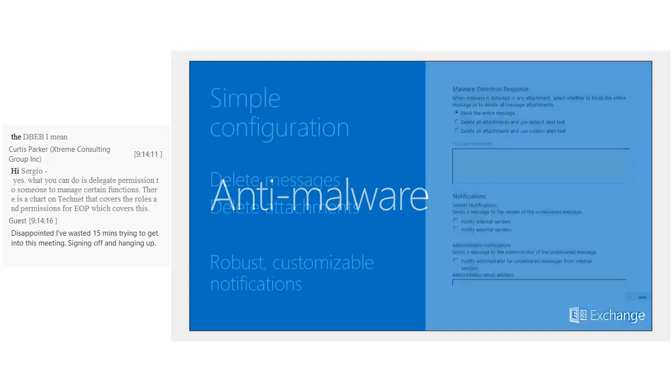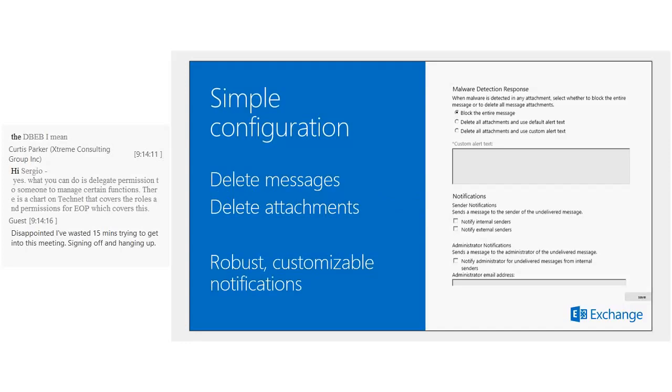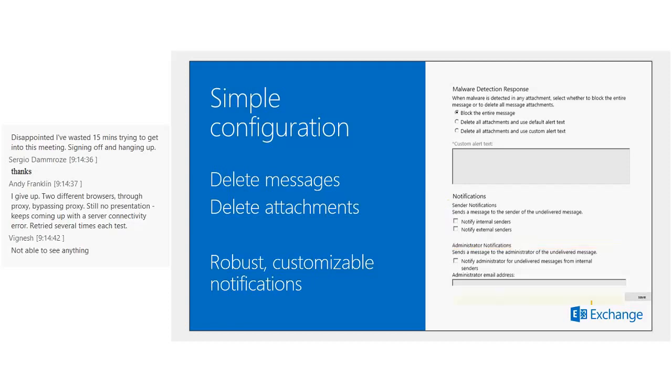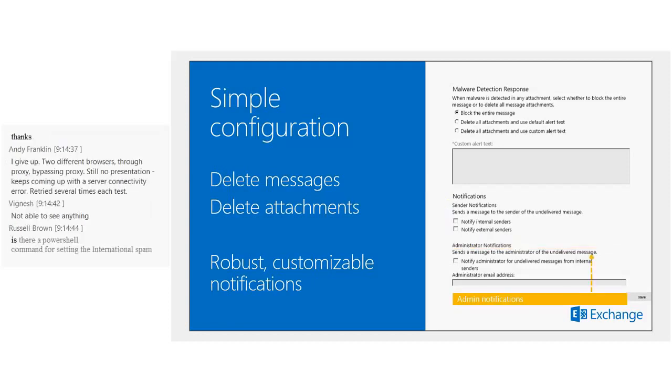Anti-malware, we provide the basic options that allow you to block the entire message if required, and also make sure that if there's an attachment, you may want to strip it off. There is also a possibility for sending notifications to different users, and you can do that as well through the rule management on the Office 365 admin console.